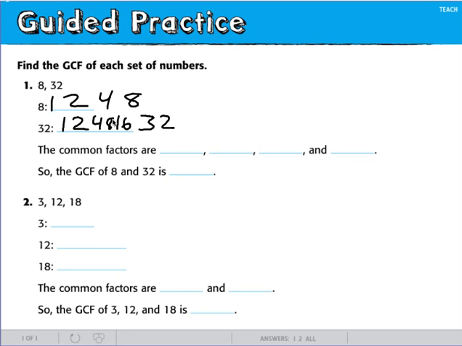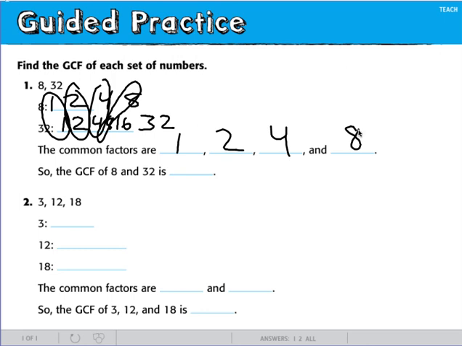I can go through and I can circle them. And my common factors are 1, 2, 4, and 8. And my greatest common factor is 8.